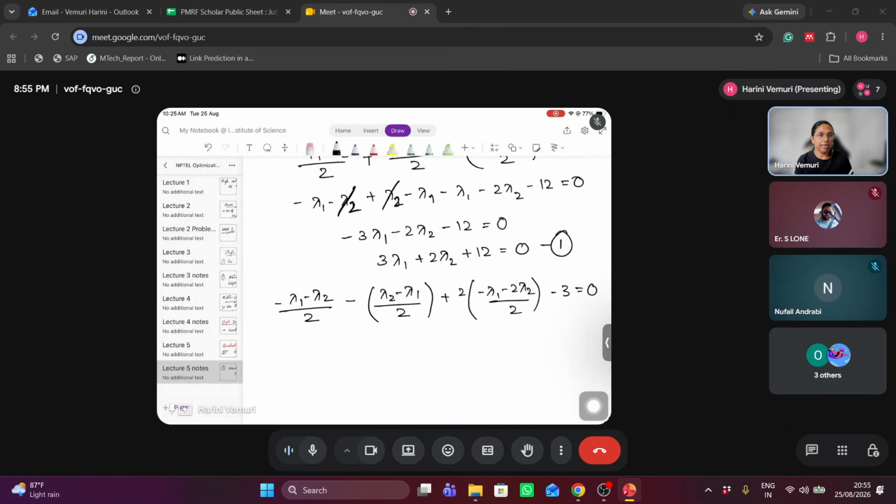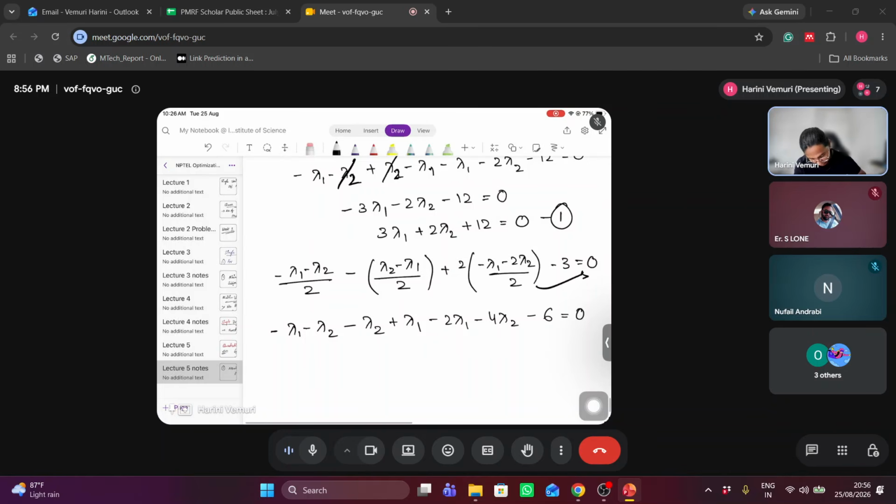Since we have divided by 2, I'm doing it however I'm feeling easy. Okay. Minus lambda 1 minus lambda 2 minus lambda 2 plus lambda 1, minus 2 lambda 1 minus 4 lambda 2 minus 6 equal to 0. I'm just moving the divided by 2 term here.